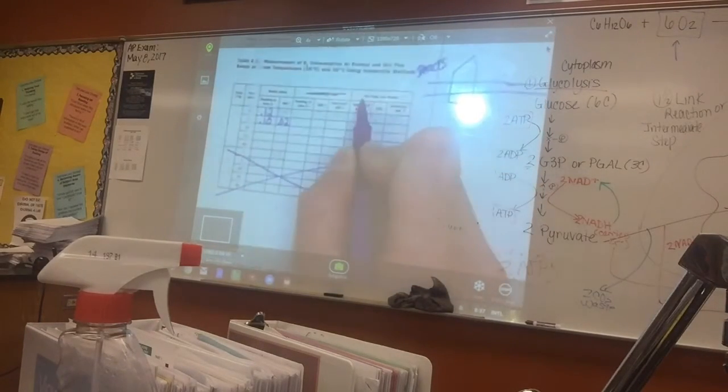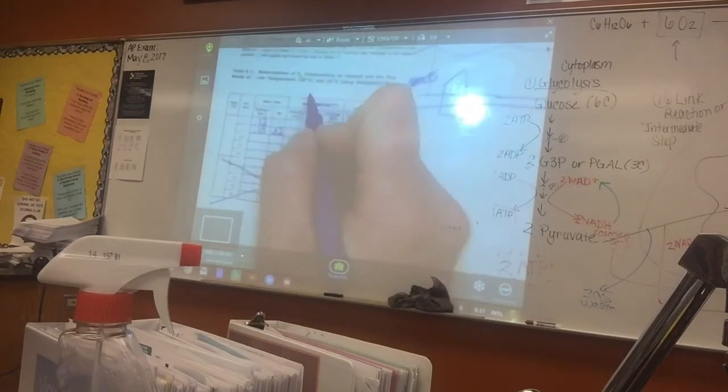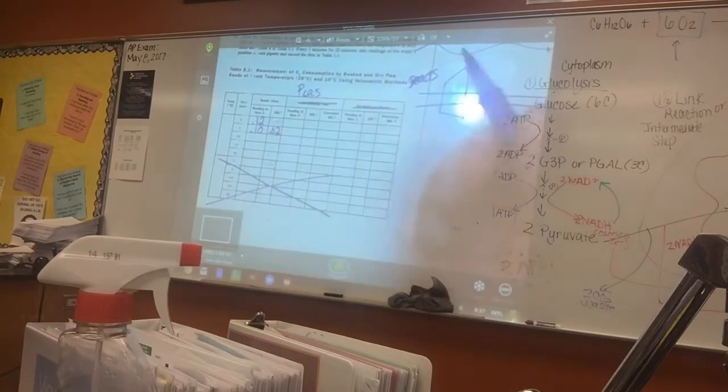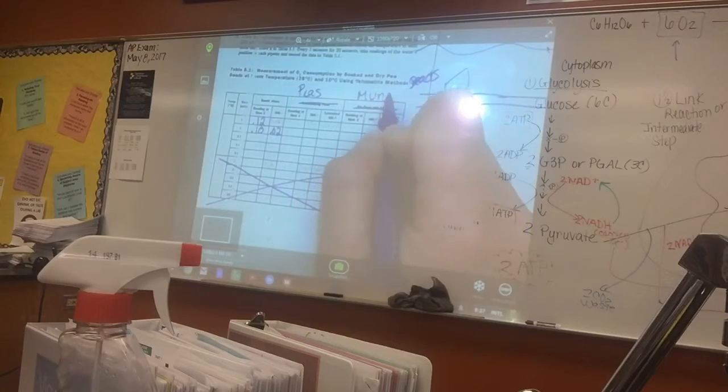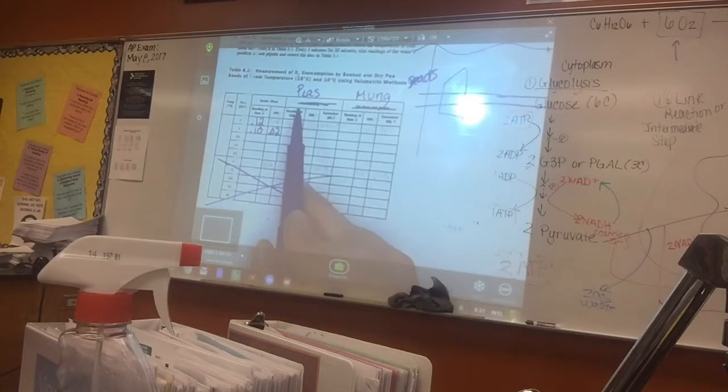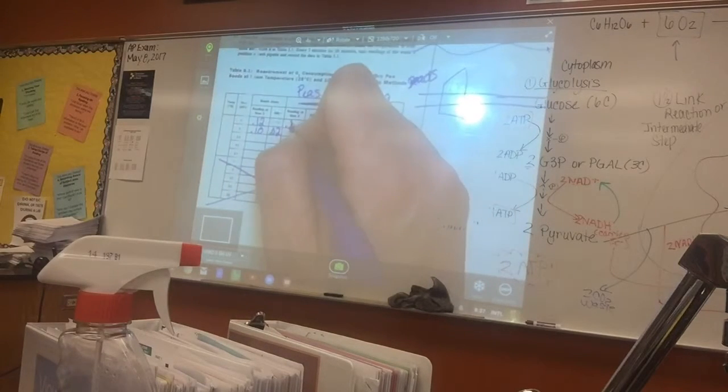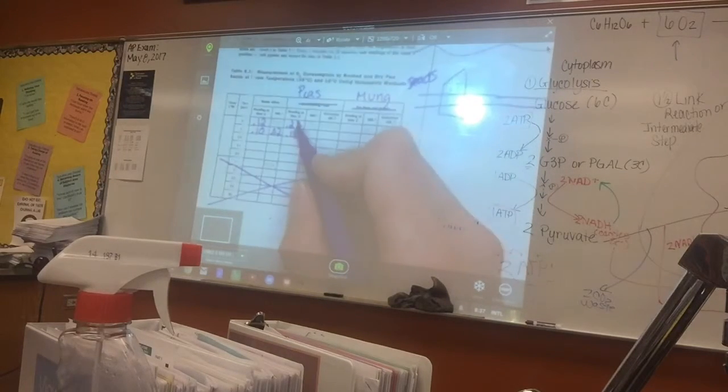So let's say this is germinating peas and dried peas. We use different seeds. So let's say I use peas and mung beans. All right, so here are my 2 seeds. So let's say my reading for my peas at time 0 was 0.23, and let's say after 5 minutes it was 0.18. So then I take my difference here.